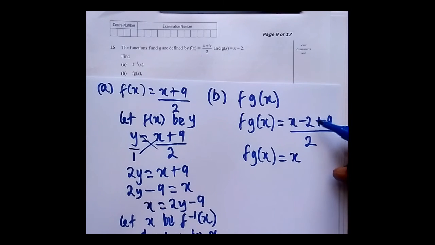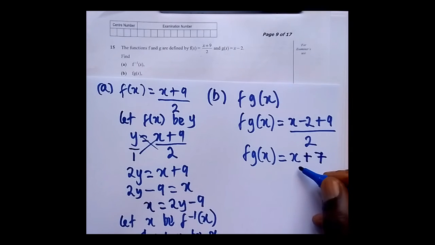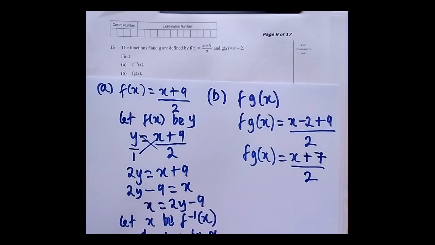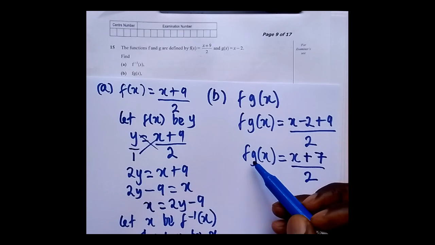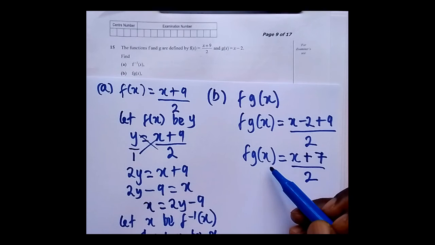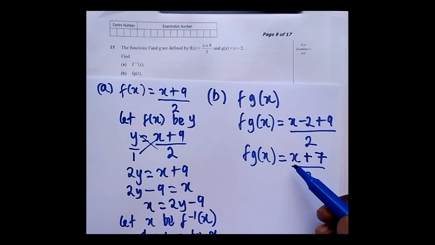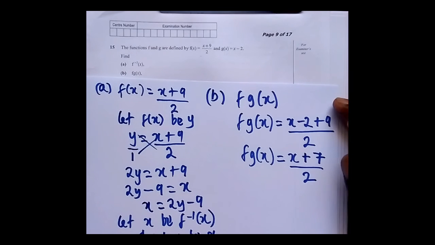Negative 2 plus 9 gives positive; keep the sign of the larger number and subtract. So that gives a positive 7. So fg of x is equal to (x plus 7) over 2. So that's what we get for the second part, fg of x.